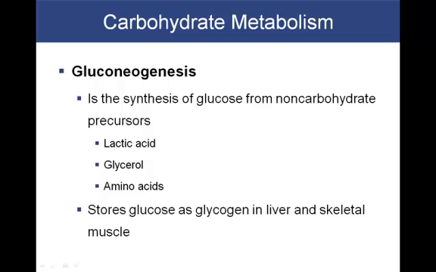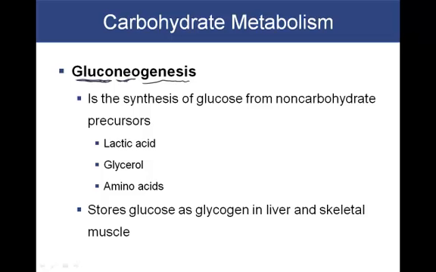The first term is gluconeogenesis, and my advice is just to look at the word. Gluco, you should think of sugar, carbohydrate. Neo refers to new, and genesis, to make, to produce. Gluconeogenesis is the synthesis of glucose from non-carbohydrate precursors.